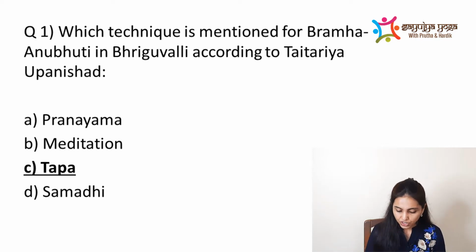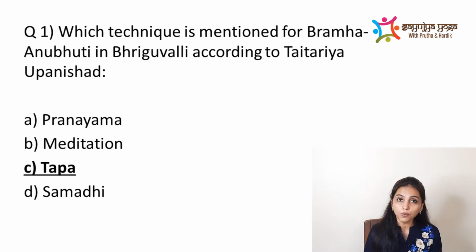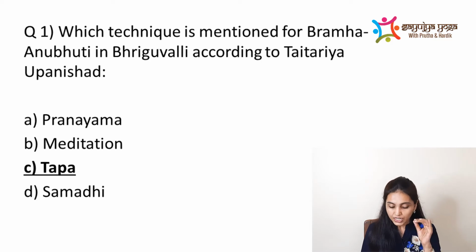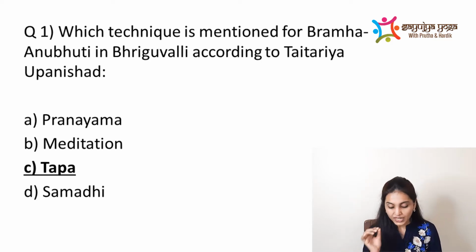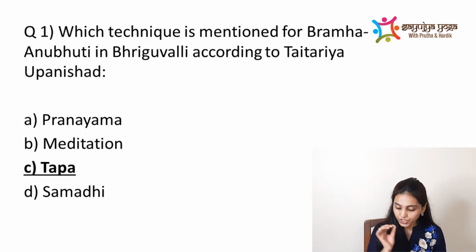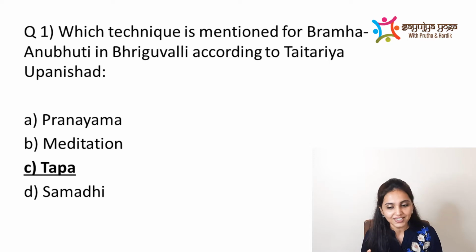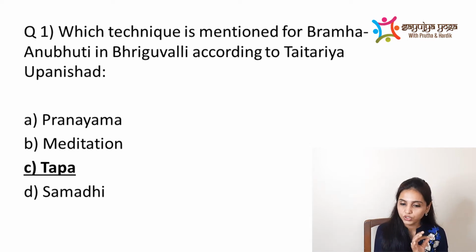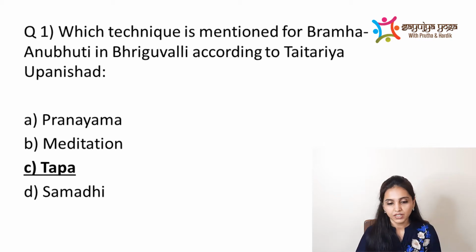The implication is that he withdrew his mind from the outer objects and concentrated and performed austerities to understand what his father said. So, he performed tapa to have Brahma Anubhuti. So, we got the answer that according to Taitariya Upanishad, to have Brahma Anubhuti, the technique mentioned is tapa. Let's move further.